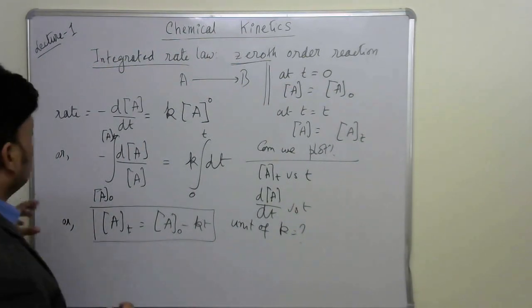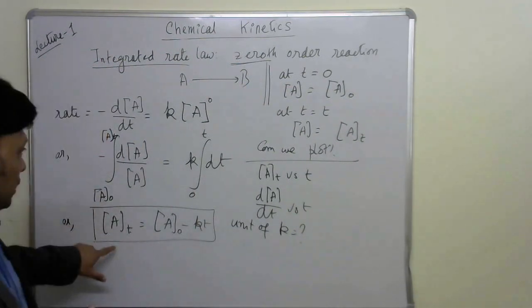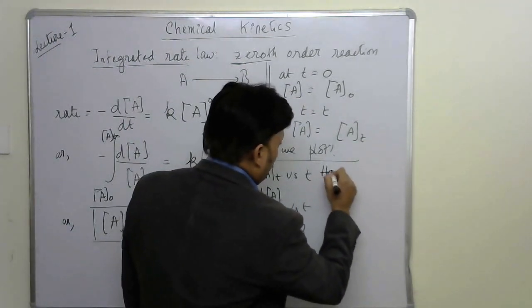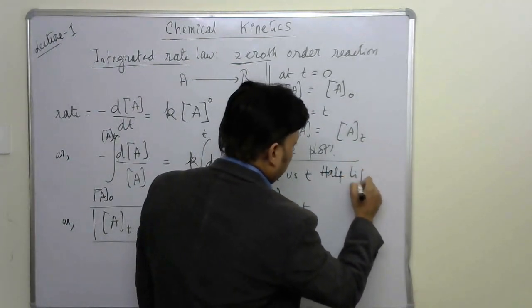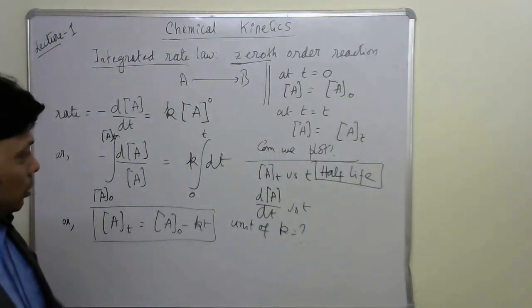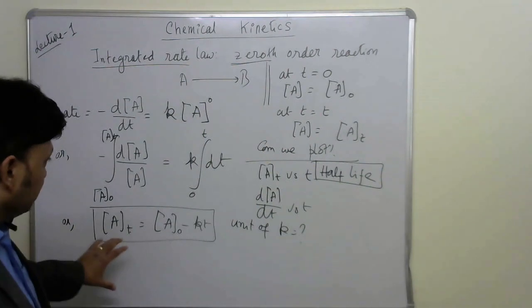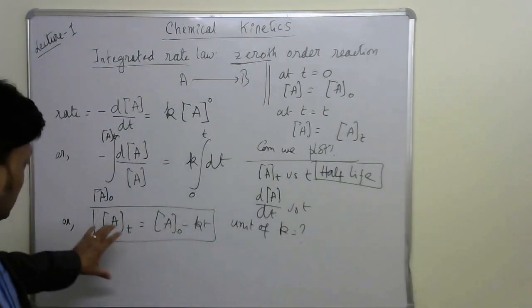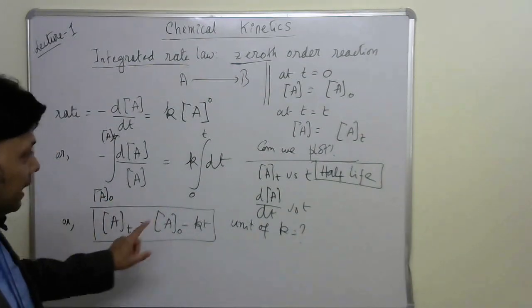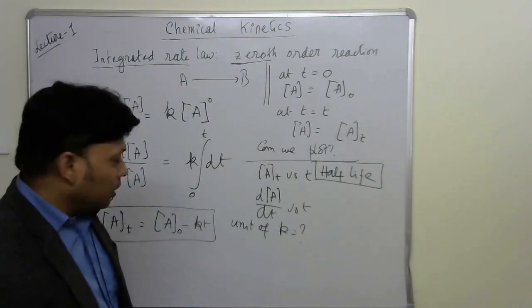One more thing I would like to draw your attention to: for an integrated rate law there is one more aspect that we deal with. This is called the half-life. The half-life is defined as the time it takes the initial concentration A naught to become exactly A naught by 2.